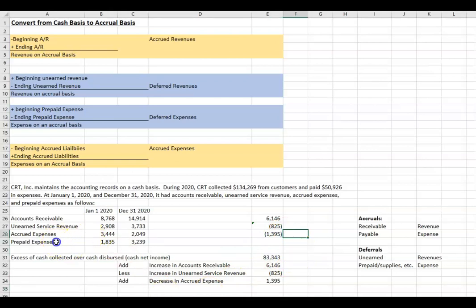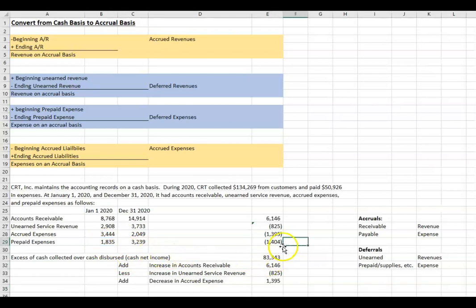Okay, let's look at prepaid expenses. Prepaid expenses is a deferred expense, and so deferred expenses are right here. So we're going to take beginning prepaid minus ending prepaid. So we're going to put in the beginning number as positive and then subtract out the ending. And we come down to a negative 1404.